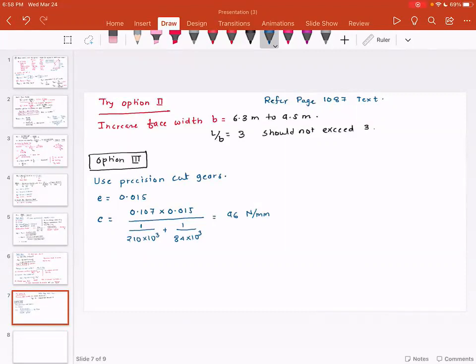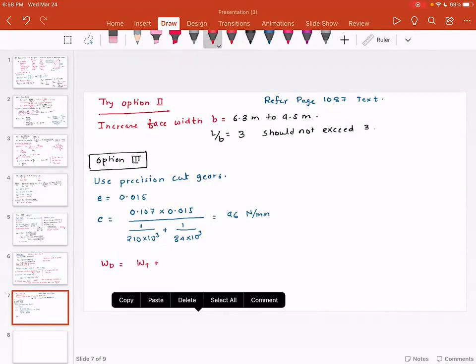That means my dynamic load, the new dynamic load, WD, is equal to WT plus the entire equation. I will not repeat the equation.